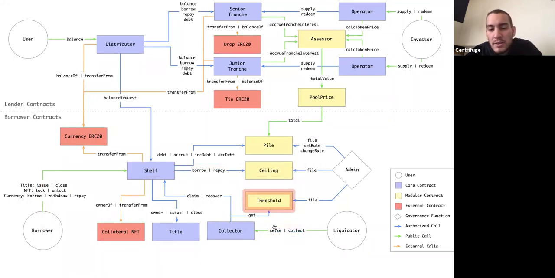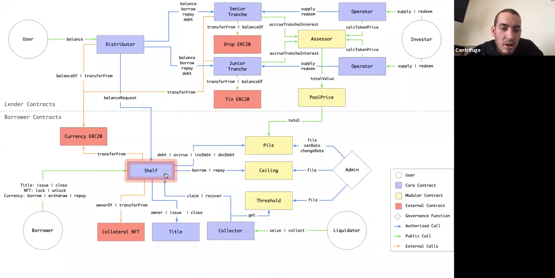And if the threshold ever gets reached, the liquidators can claim the NFT and seize it. That's the very rough description of how these different contracts work.